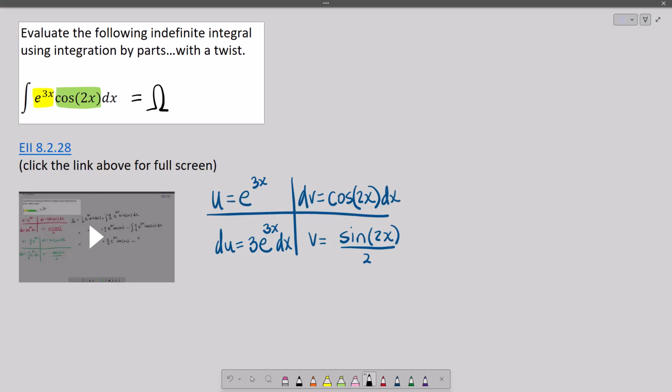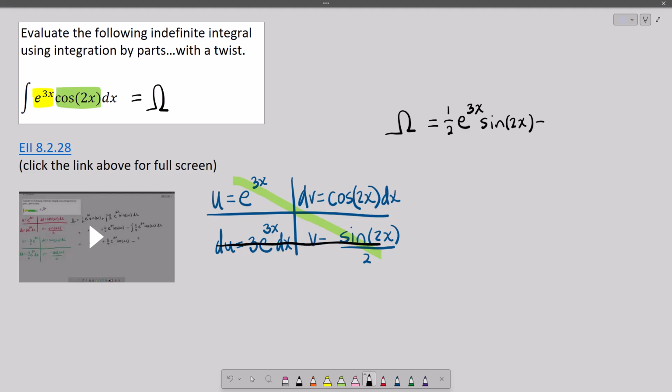So this tells us that our integral is going to be uv, which is this main diagonal right down here. There's our uv. So that's going to be a 1/2 is the constant, and then usually we put the exponential function in front of the trig function. So uv minus the integral of v du.